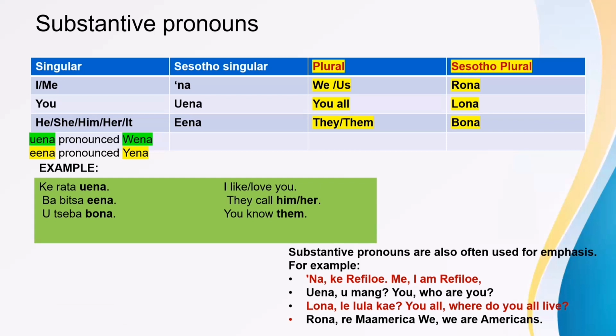I am Refilwe. Wena o mang? You, who are you? Lona le dula kae? You all, where do you all live? Rona re ma America. We are Americans. So when you're starting with these substantive pronouns, they're putting emphasis on what you are saying.